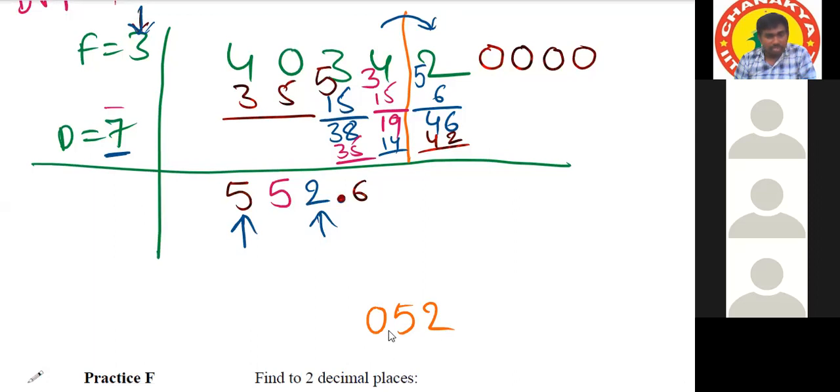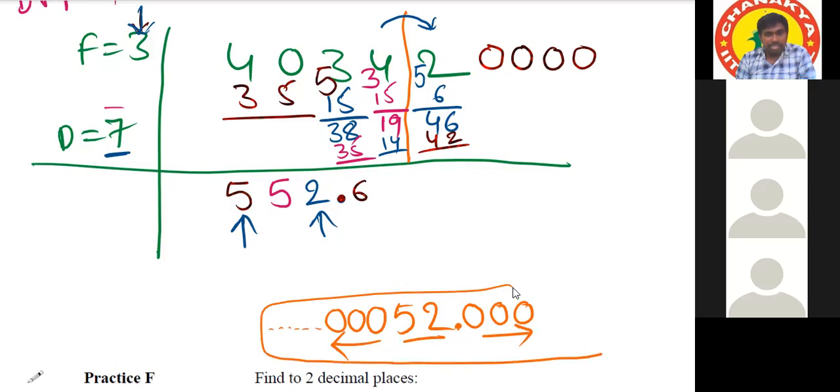Its value is 52. Before a number we can take any number of zeros, and after the decimal also we can take any number of zeros. It will not change the value of the question. That's why we can add the required number of zeros.